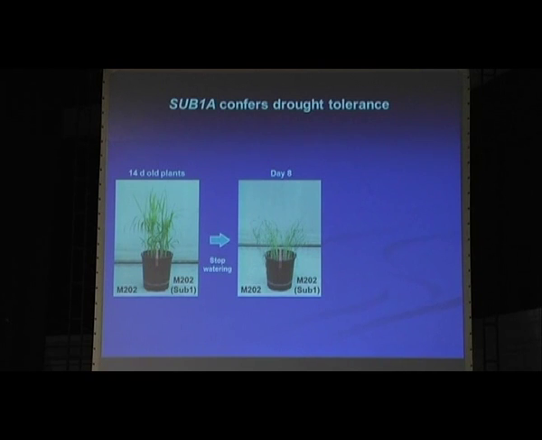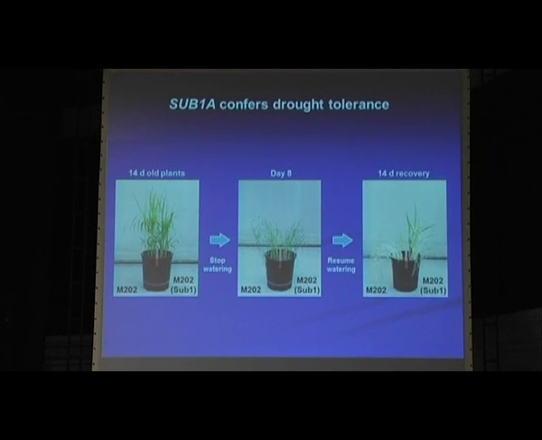Then we watered the plants and observed recovery after 14 days. As observed during and after submergence, we observed M202 sub1 produce new leaves during the recovery period. So it seems the effect of SUB1A, which is protection of meristematic tissue, is conserved during submergence and also during dehydration.